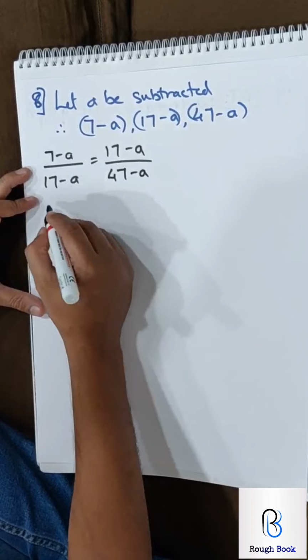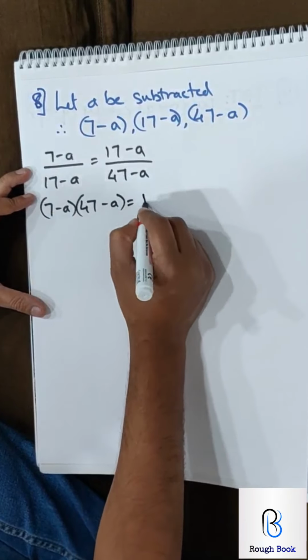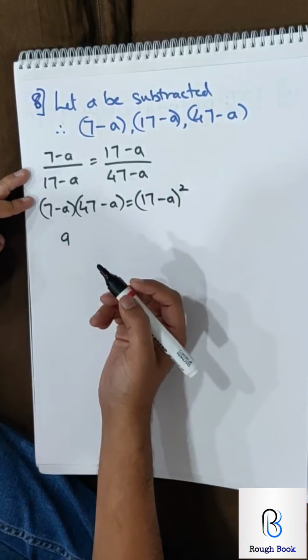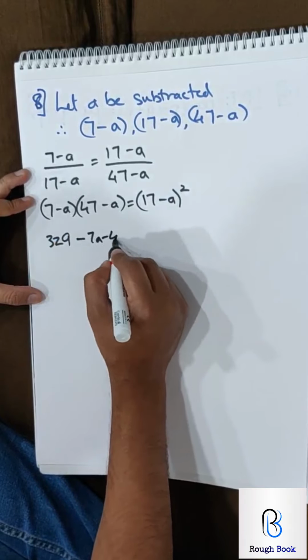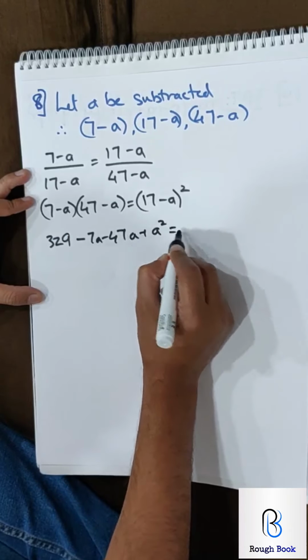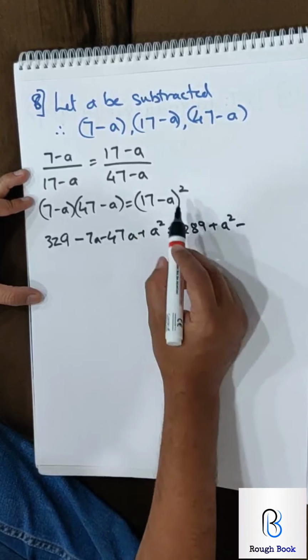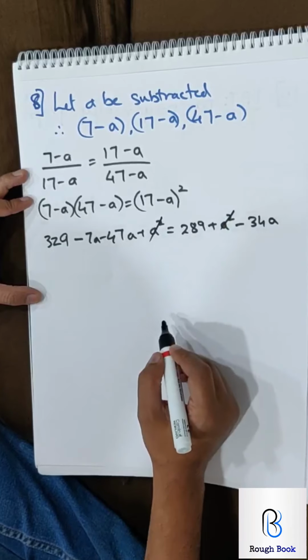I will cross them. So 7 minus a into 47 minus a equals 17 minus a the whole square. 7 7s are 49, 7 4s are 28, so 329 minus 7a minus 47a plus a square. Equals 289, that is a square, b square, 2ab. So a square gets cancelled.